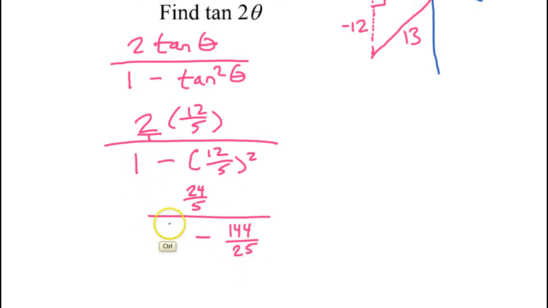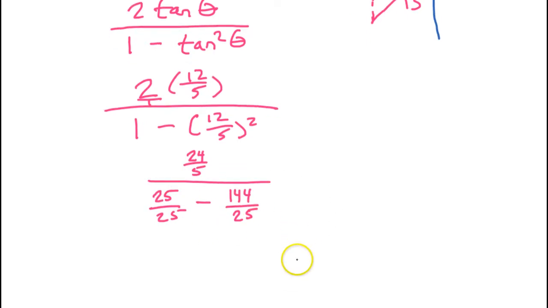Now how about this 1? 1 is like a chameleon number. I can write this as 2 over 2, 3 over 3, 4 over 4, etc. But right now I'm going to write it as 25 over 25 so that I will have like denominators.